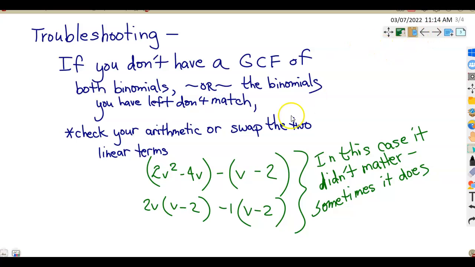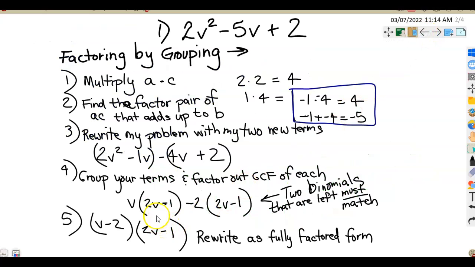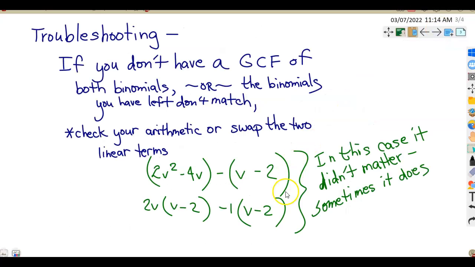In this particular case, the problem we were doing, it didn't matter, but sometimes it very much matters and you have to flip-flop. See, I did flip-flop my terms. If you go back and look over here, you'll see that I factored out the v minus 2. In this particular case, the v minus 2 was what was left. Okay, so there you go.